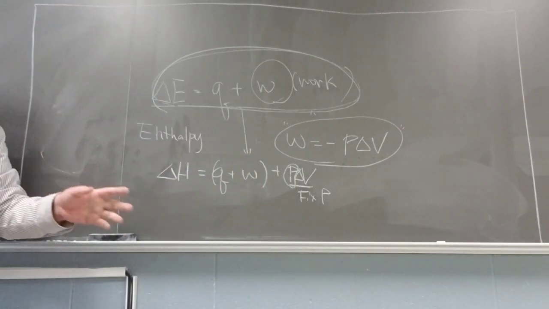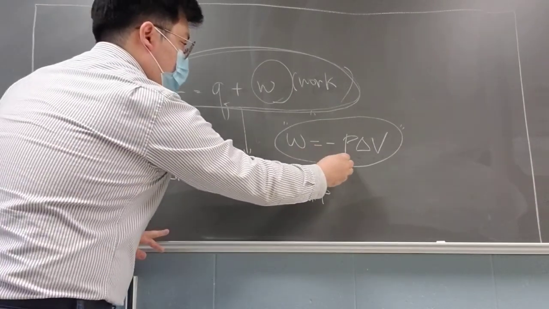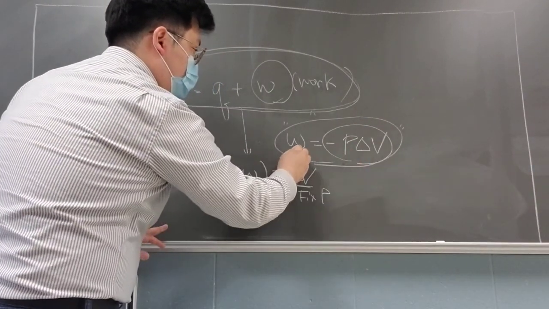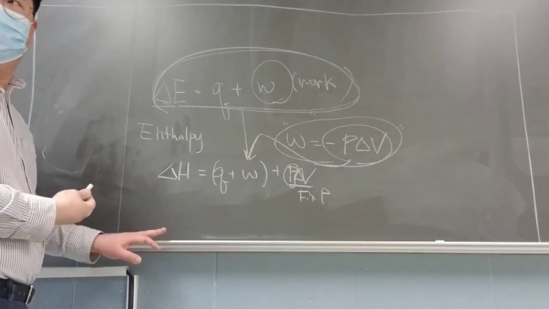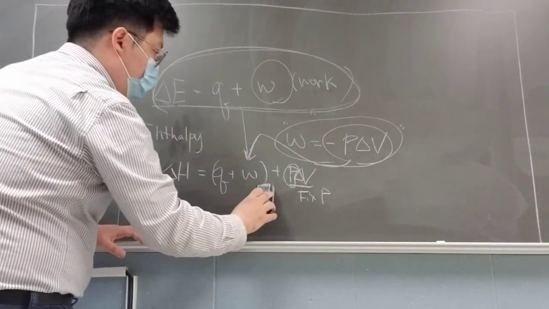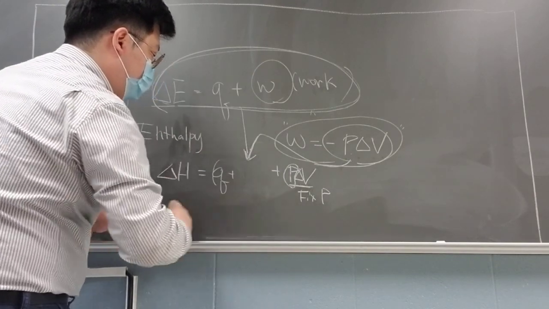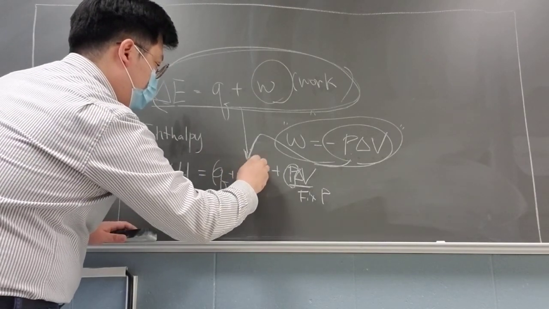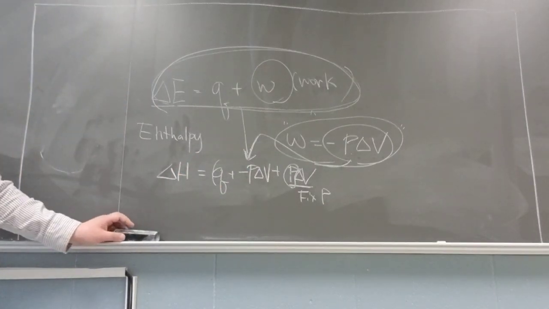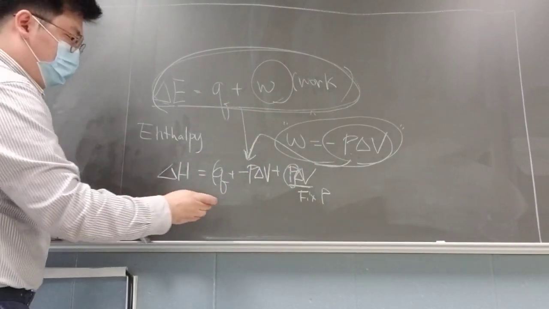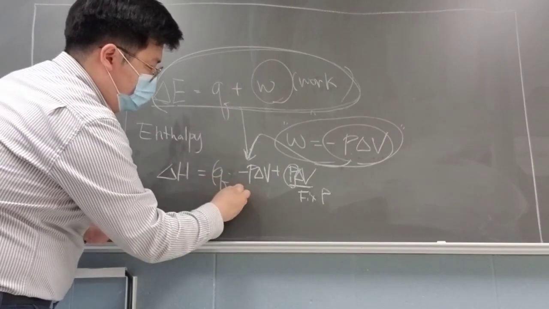Okay. And then I'm gonna move this one because this is the same as work. I'm gonna put it here. Okay, so then it will become what? Negative pressure times change in volume. Okay, make sense, right?